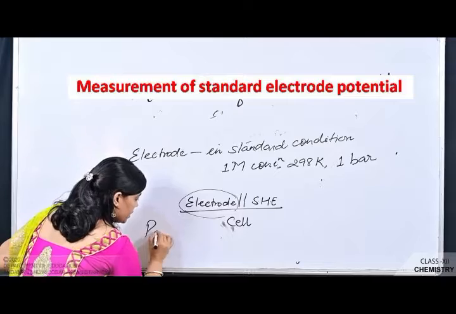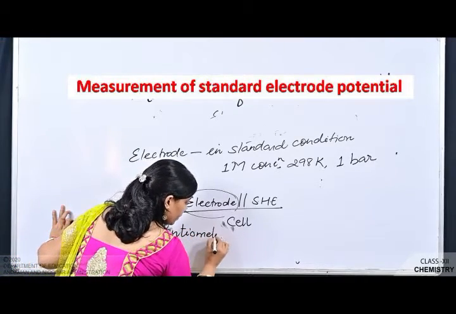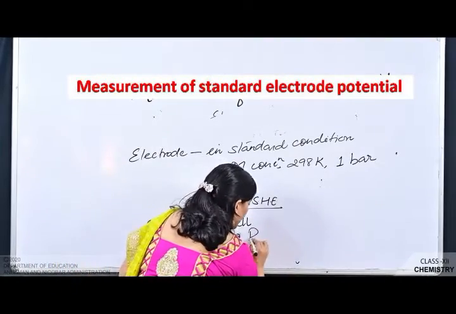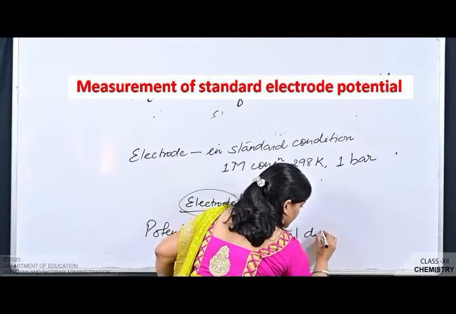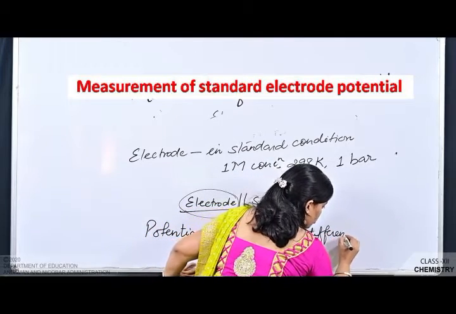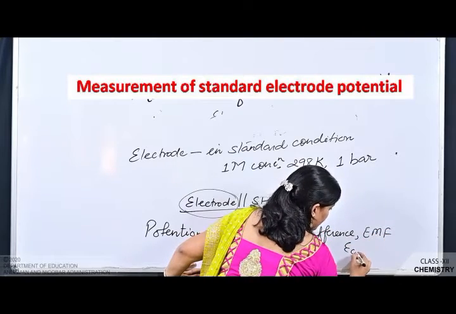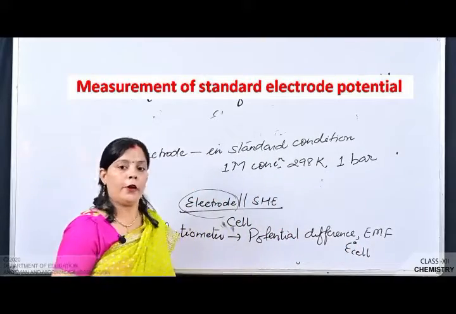This potentiometer helps in determining the potential difference of the cell, that is the electromotive force, E cell, from which we can easily get the standard electrode potential.